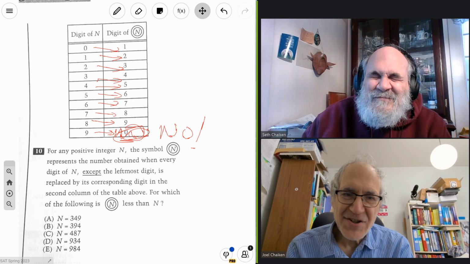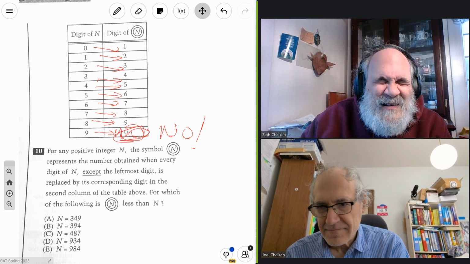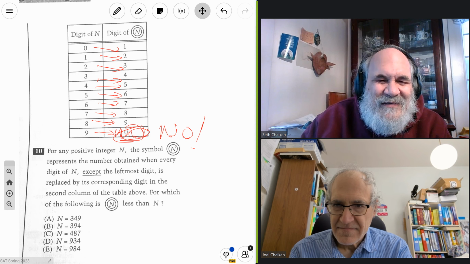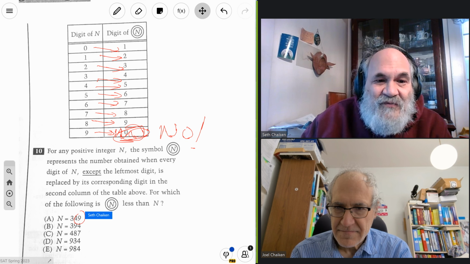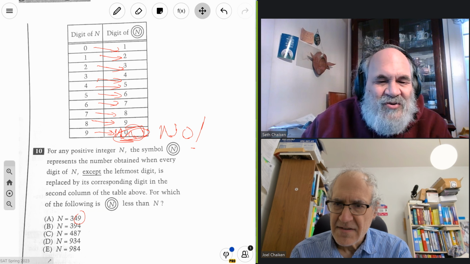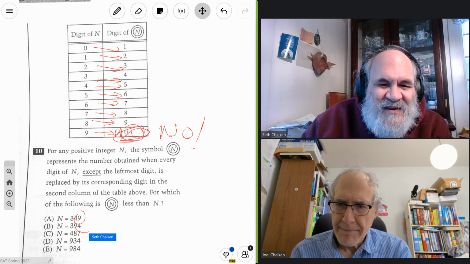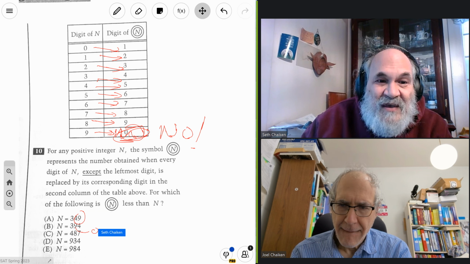So what Seth's looking for is, let's find numbers where there are 9s. Well, unfortunately, it makes the 9 into a 0, but it makes the 4 into a 5. So it makes the whole number bigger. Oh, except this one, the leftmost digit. It makes the 9 into a 0, making the whole number smaller.